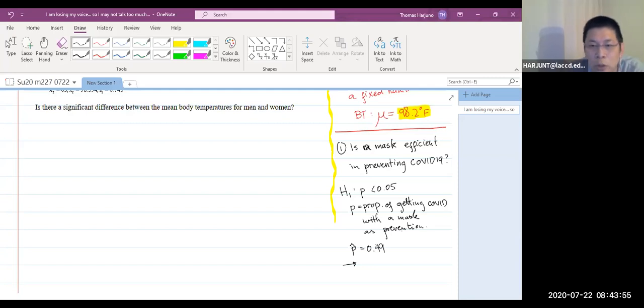So what ends up happening is, because the P hat is just slightly less than 0.05, they conclude that the evidence does not support the claim.